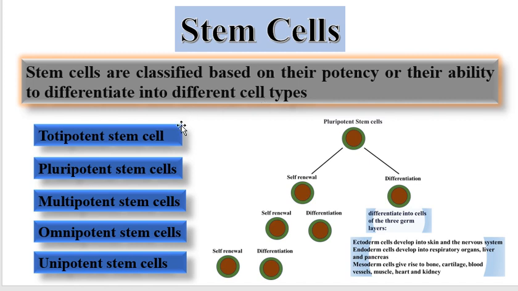For example, early totipotent stem cells appear and disappear within the first few days of gestational age.